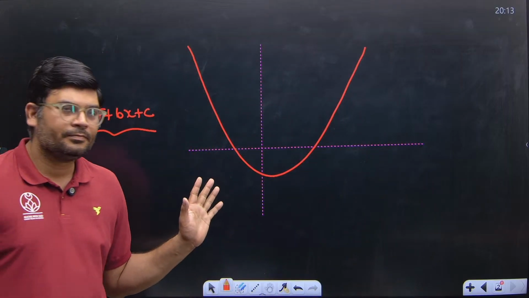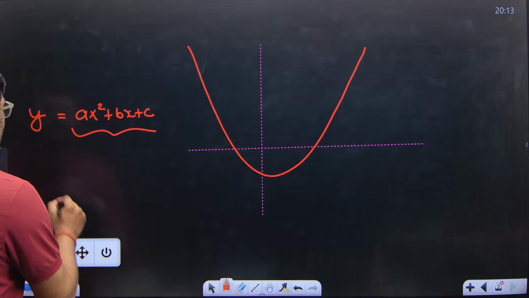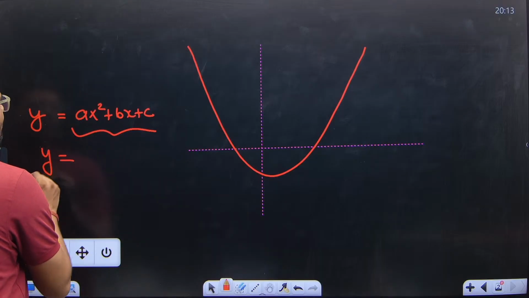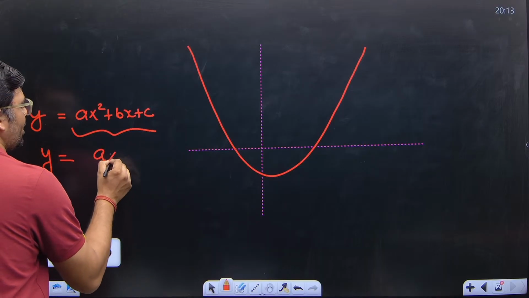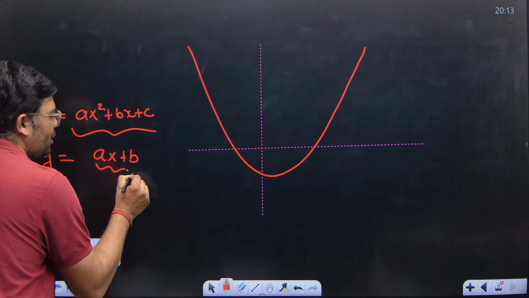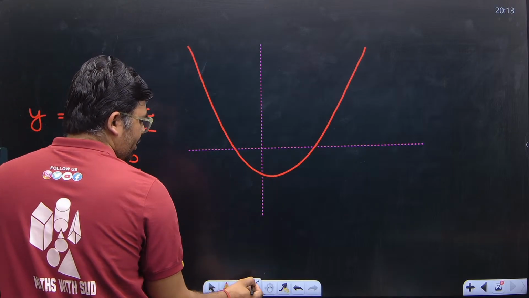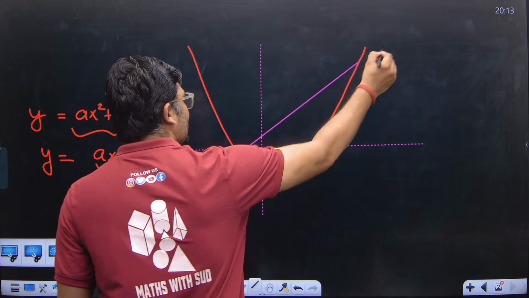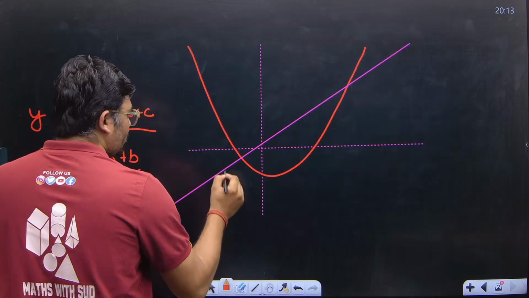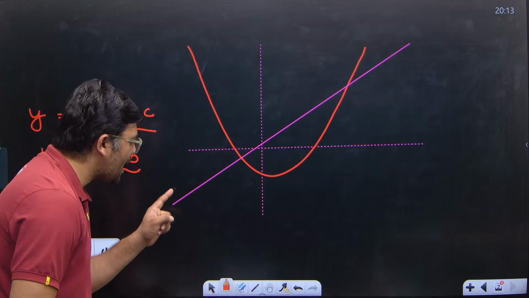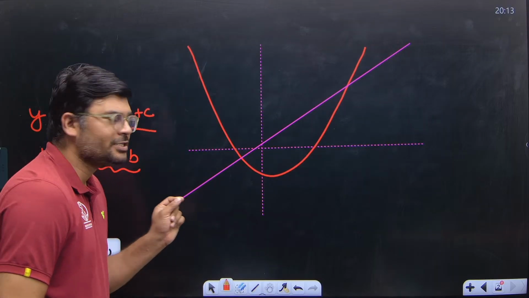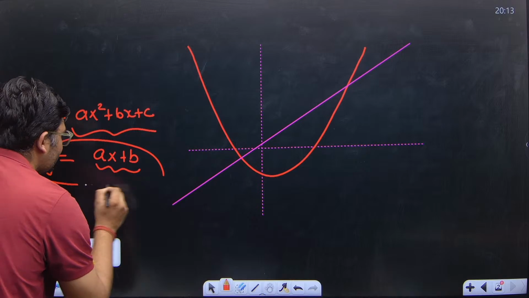Understood this part? Yes. Similarly, they are saying there is another function y is equal to ax plus b, and this function is always a straight line. So that means this particular line is a collection of points which satisfies this equation.